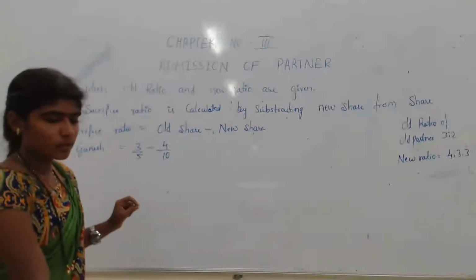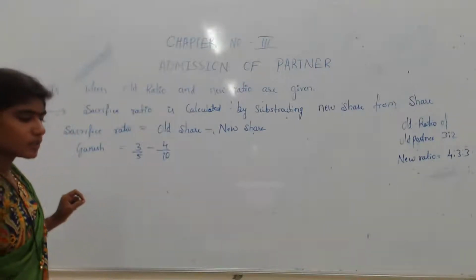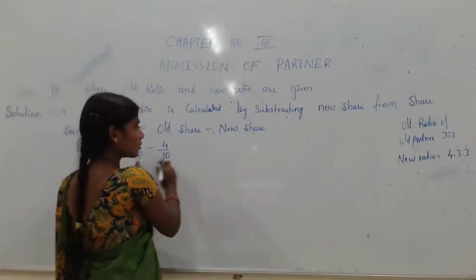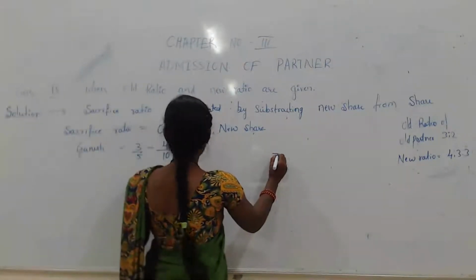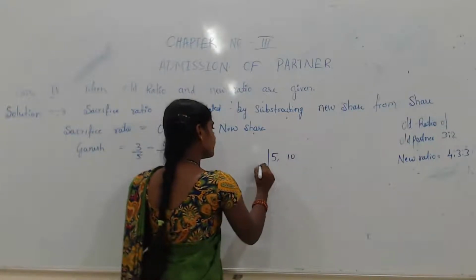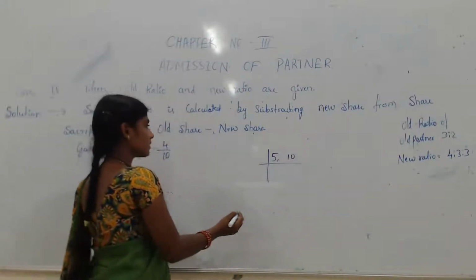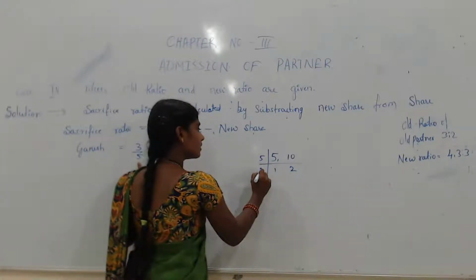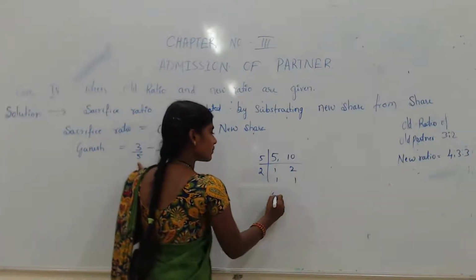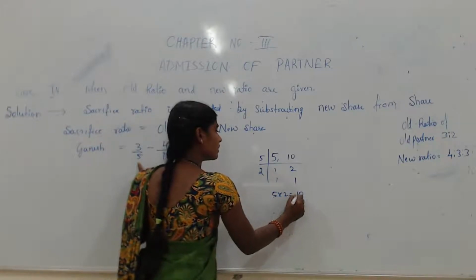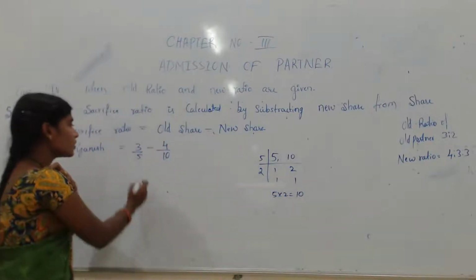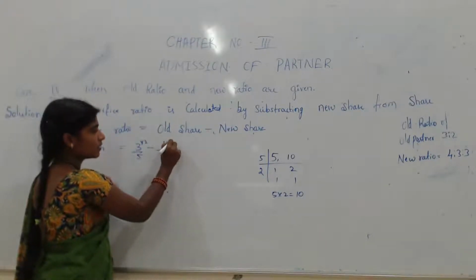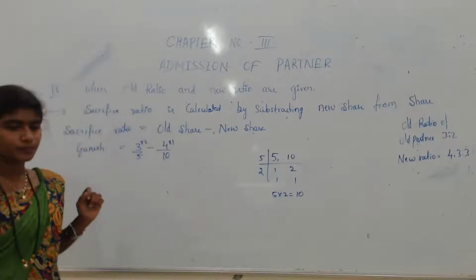Now calculate the LCM. Because the bases are different, 5 and 10. So now 5 ones are 5, 2s. Then after that 2 ones. So 5 into 2, 5 twos are 10. 10 ones are 10. Okay.